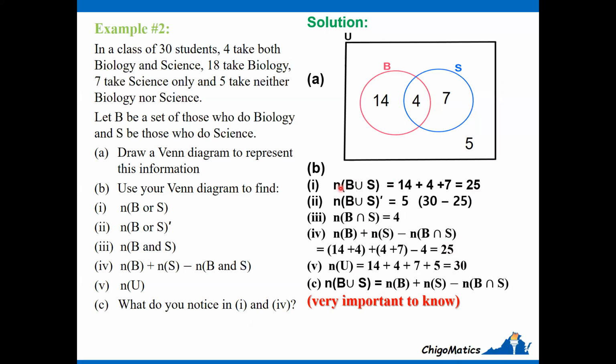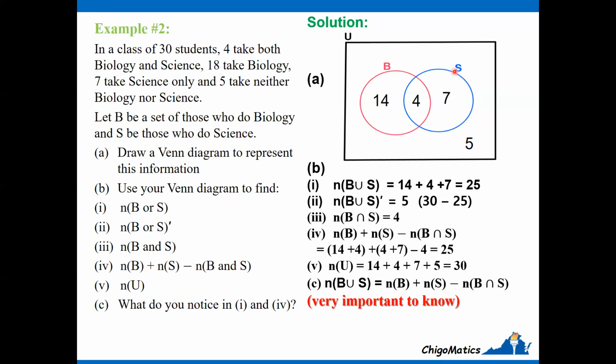That means the number of students doing biology or science is equal to the number of students doing biology plus the number of students doing science minus the number of students who are doing both science and biology. This is an important conclusion. Very important to know, because why?